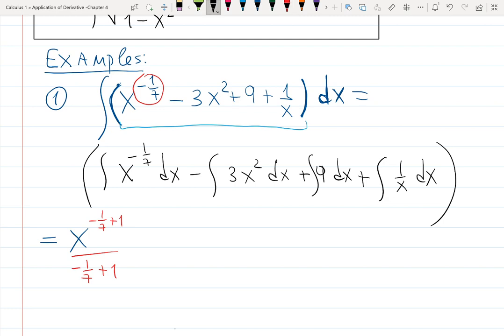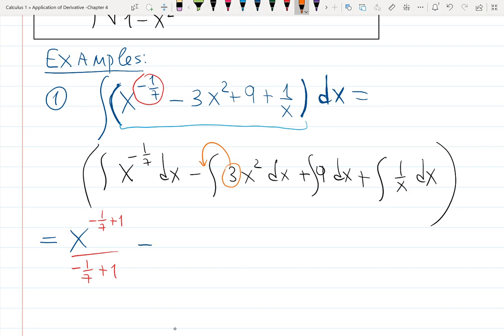Then over here, I remember that this 3 can be kicked out of the integral. So I'm actually integrating not 3x squared, but 3 times the integral of x squared. Or you can remember that it is just x cubed. I will do it this way.